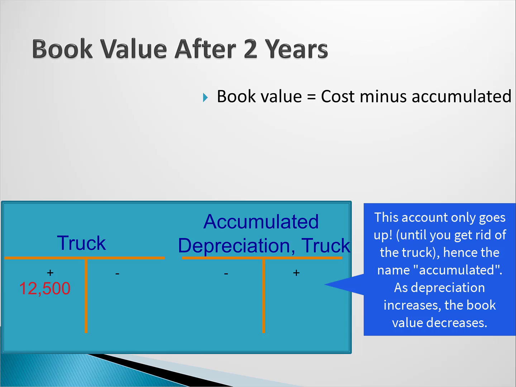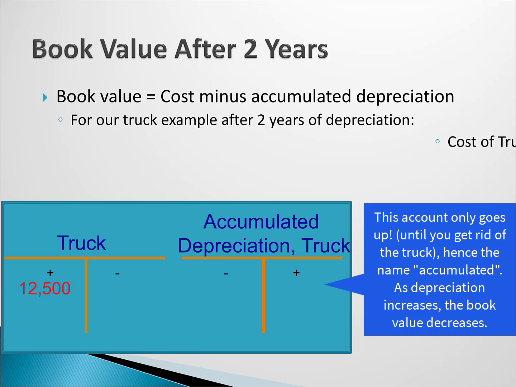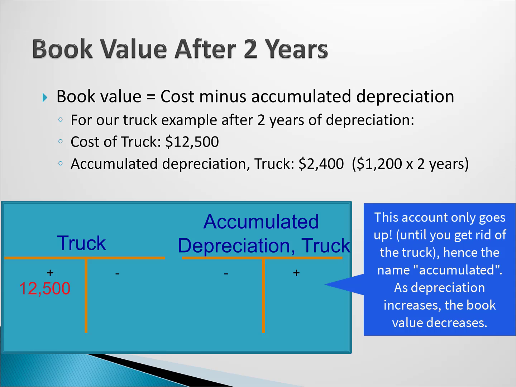So remember, book value is cost minus accumulated depreciation, and we're going to calculate the book value for a truck after 2 years. So the cost of the truck is still 12,500. That will never change. And how much will the accumulated depreciation be after 2 years? Remember, it was $1,200 per year. So after 2 years, it's going to be $2,400.